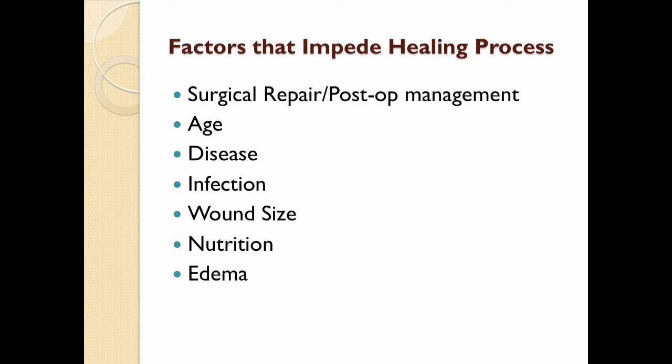Secondary disease. So if somebody has type 2 diabetes, it will slow down their healing process quite a bit. If they have a secondary infection, so if somebody has a knee surgery and that knee becomes infected, then that's going to slow their healing down considerably.